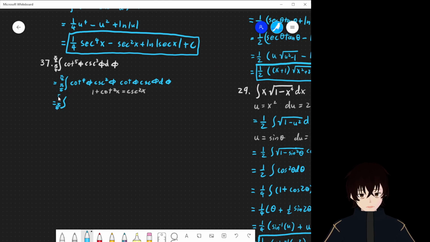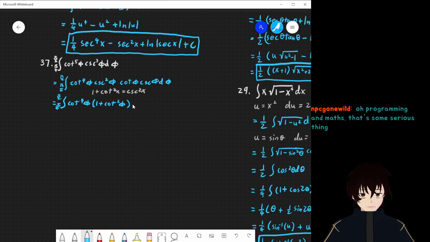We get power forward, pi over 2 of cotangent 4 phi times 1 plus cotangent squared phi, cotangent phi, cosecant phi d phi. Oops, take my eyes off and my writing turns squiggly.